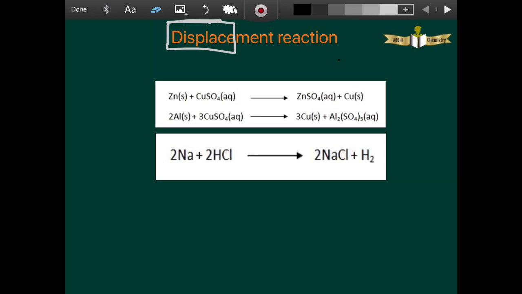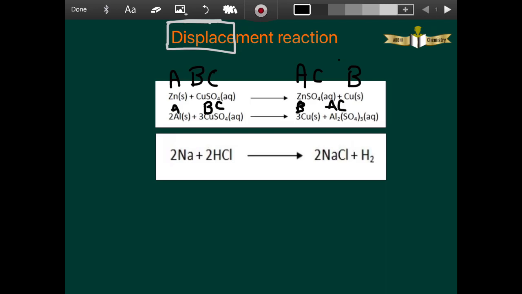Let's connect to the previous analogy given. The zinc is A, copper is B, sulfate is C. Now this is AC and this is B. Similarly for this also: this is A, this is B, this is C, this is B, this is AC.